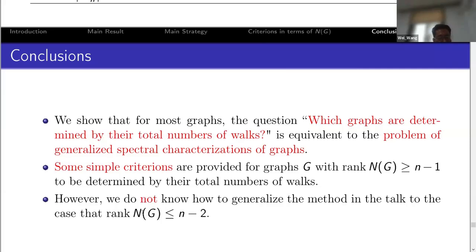Actually, if the rank of NG is very small, suppose it is equal to 1, then definitely our result does not hold, because any two regular graphs have the same sequence of walk numbers. So if the rank of NG is very small, the walk sequence contains very little information about the graph. But if it's comparatively large, I think that's enough.